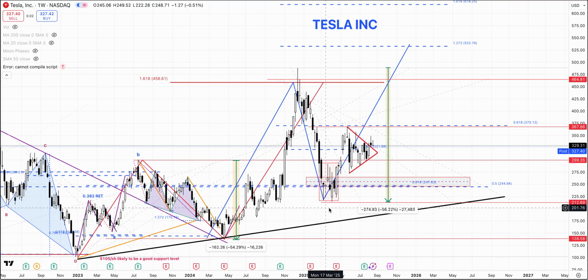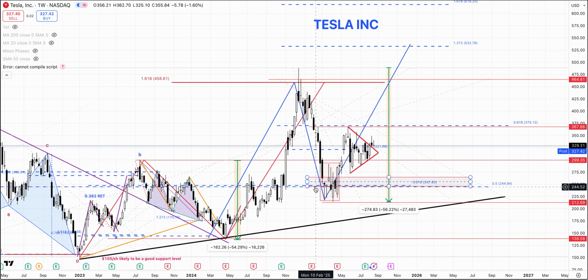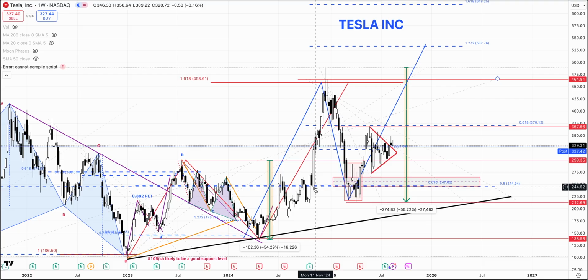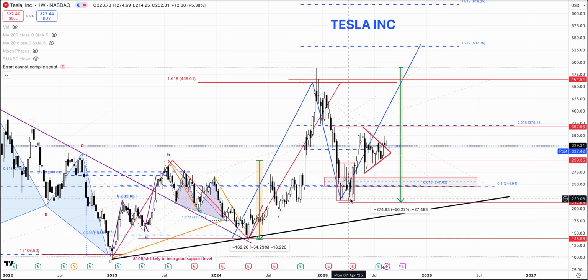The important low is right here. This is our point C around the 216 level, because we believe as long as this level is held, we are in an ABCD higher to 530. But if it breaks below that, then the pattern formation is changing, and it becomes much more bearish. This level being held is a key important level.